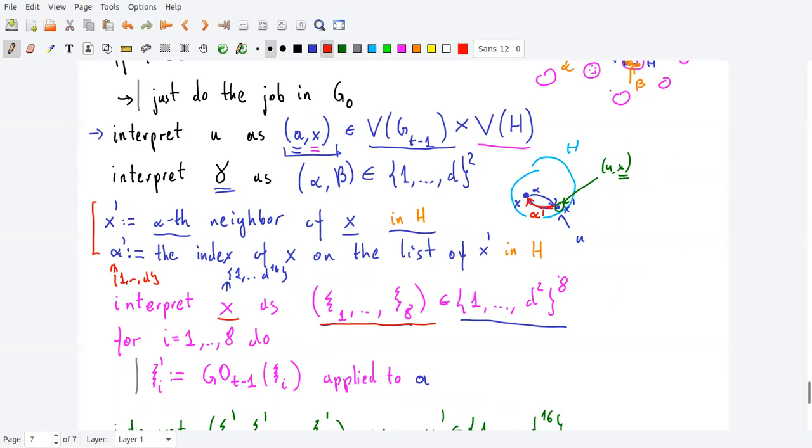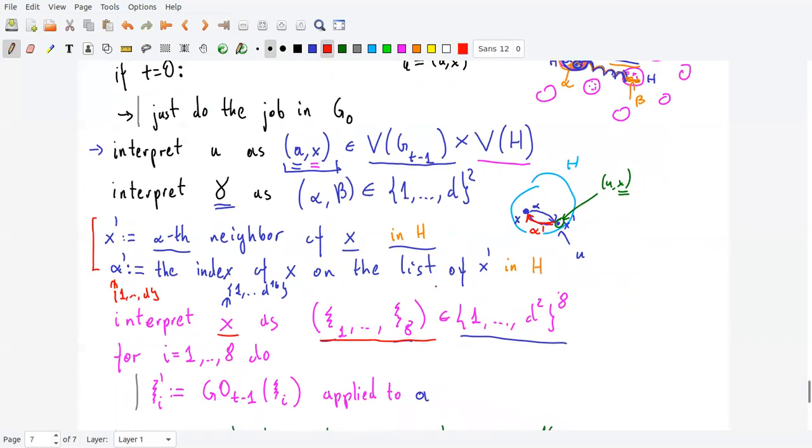And what I need to do now is actually do those 8 steps. So in the graph G_{t-1}, I perform 8 times the procedure Go.